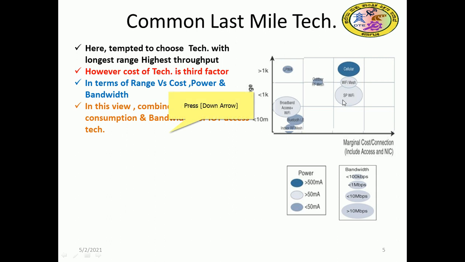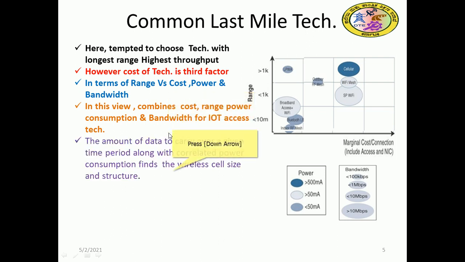In this view, amalgamating cost, range, power consumption and bandwidth for IoT access technology is a matter here. So the amount of data to carry over a given period, along with the correlated power consumption, finds the wireless cell size and structure.